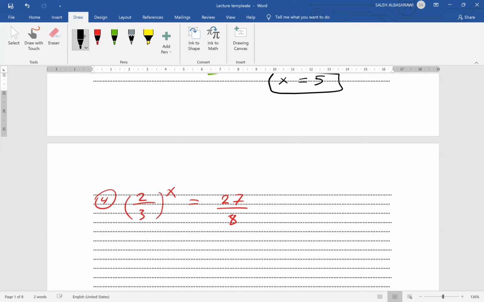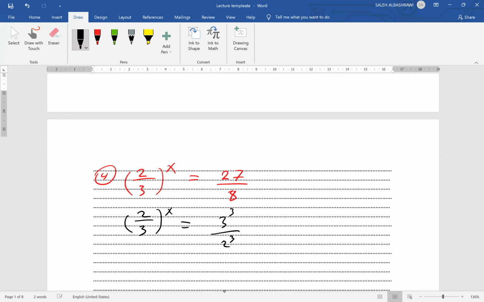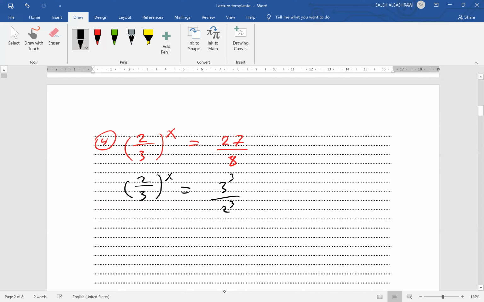This can be written as 2 over 3 to power x equal to 3 to power 3 divided by 2 to power 3, or I can say this is 2 over 3 to power x equal to 3 over 2 to power 3.